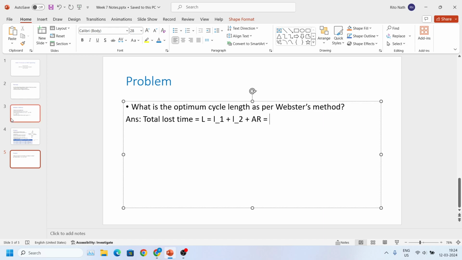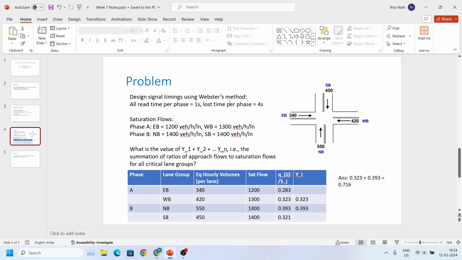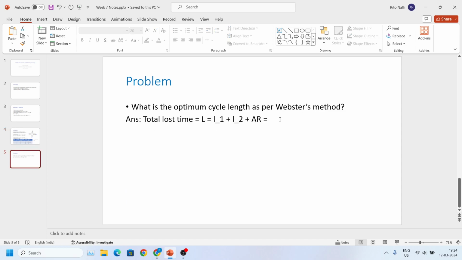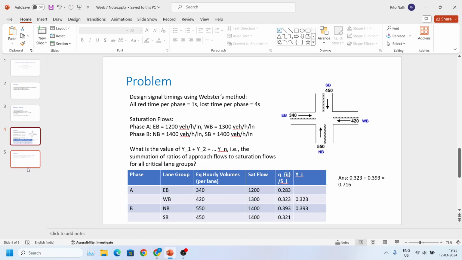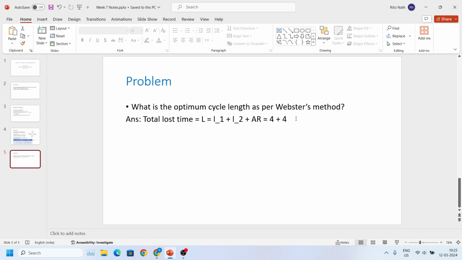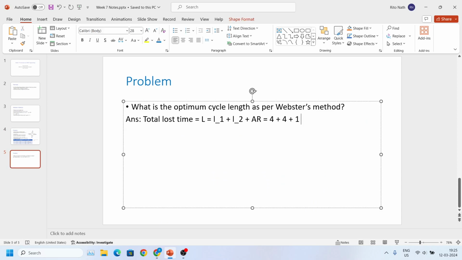In the problem data, you have lost time per phase as 4 seconds, and all red time per phase, which is 1 second. So for two phases, you add 4 plus 4 for lost time, and all red is 1 plus 1 because you have two phases. This gives you 10 seconds.